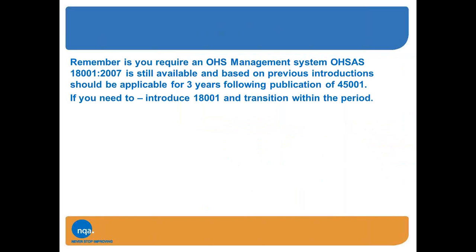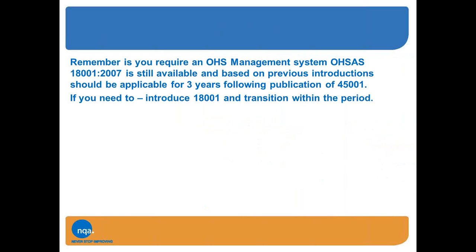Remember, if your business hasn't currently got an occupational health and safety management system, by all means, don't be frightened of introducing the existing system, OHSAS 18001:2007. It's still available, and based on previous introductions of standards, it would be applicable for 3 years from the publication date of 45001.